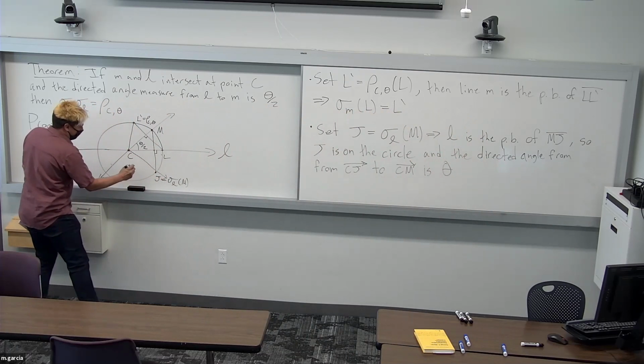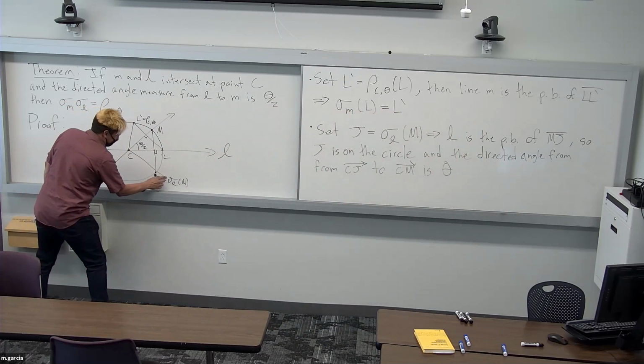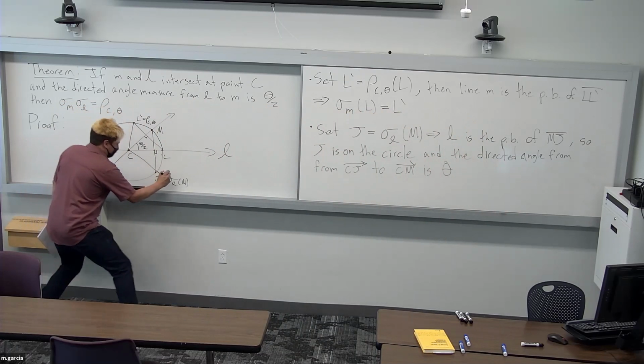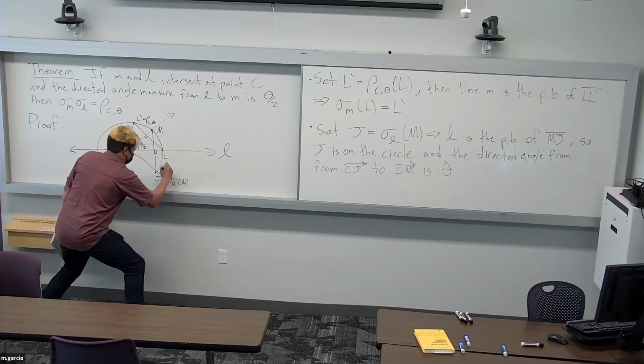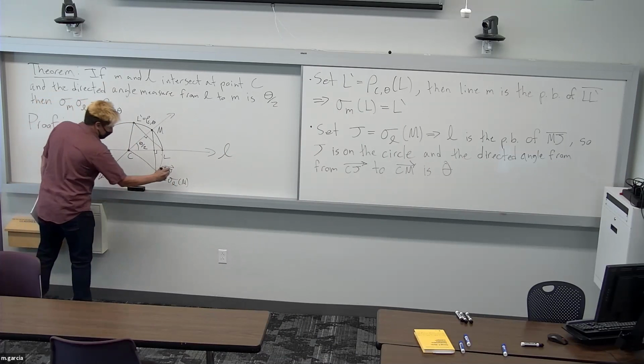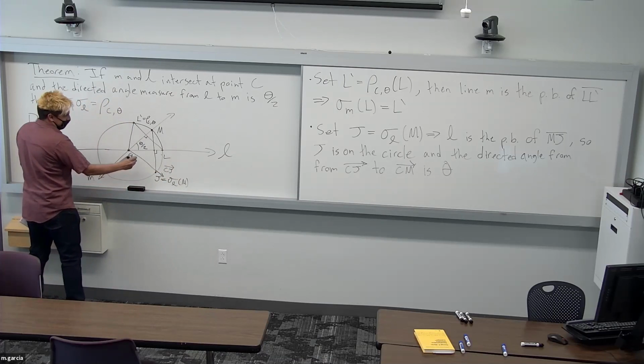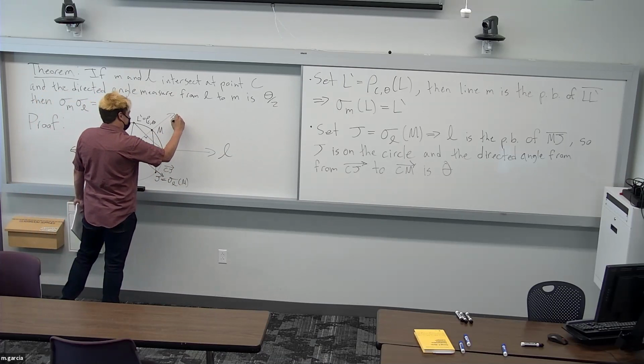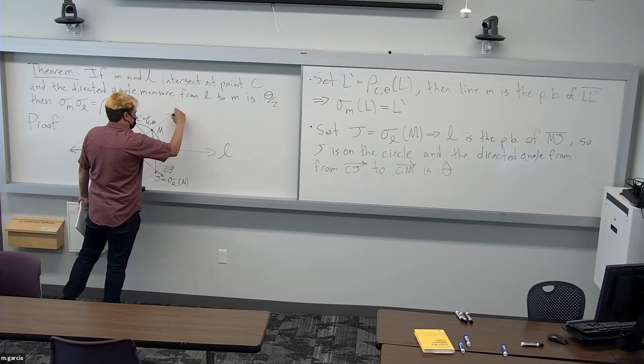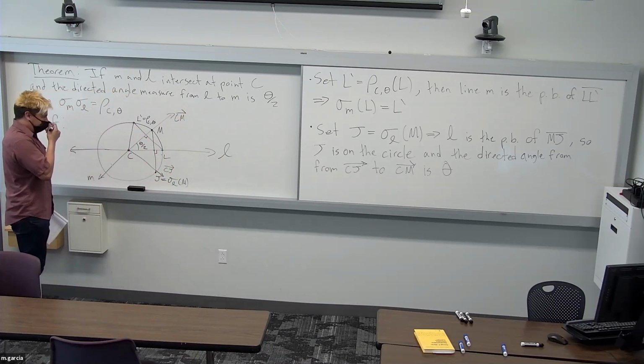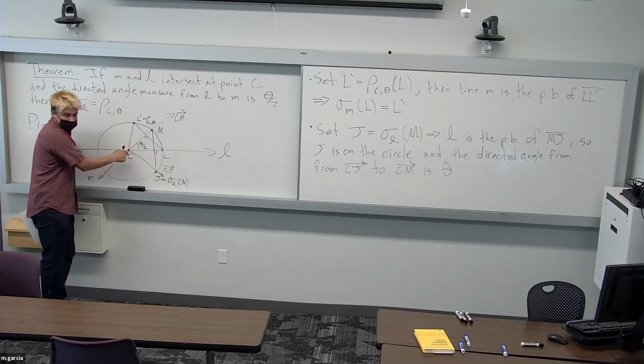So I have this ray. My notation is getting a little cluttered here. This ray is CJ, and of course this ray is CM, right? And when I say ray, I mean I'm starting at the point C and going on infinitely.